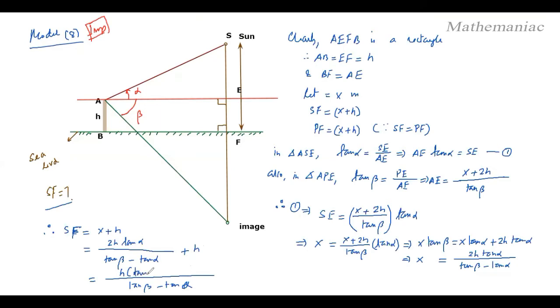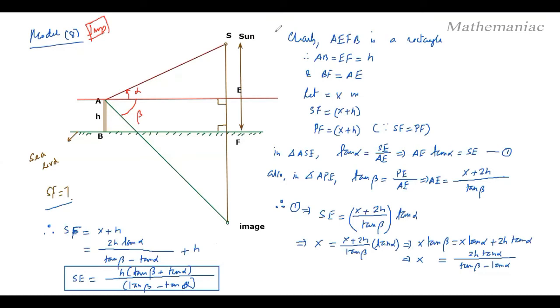Here we will actually be getting tan beta plus tan alpha. So this is the ultimate height. So this is all about the question. And this is a very important model. This can be given as a question itself.